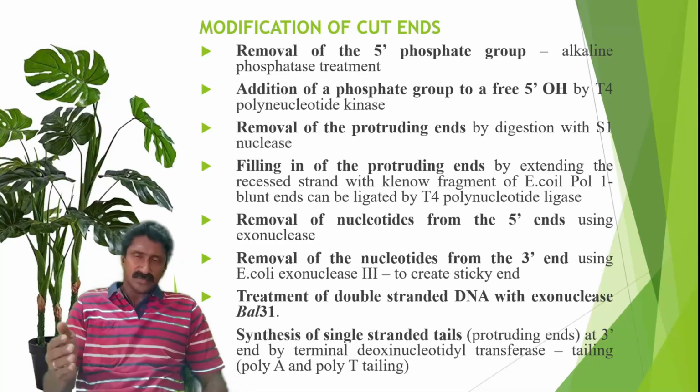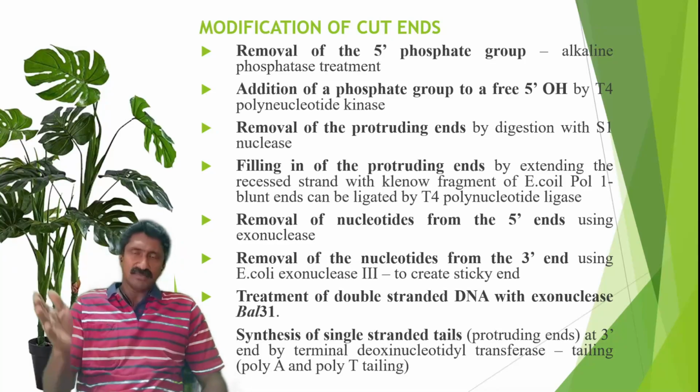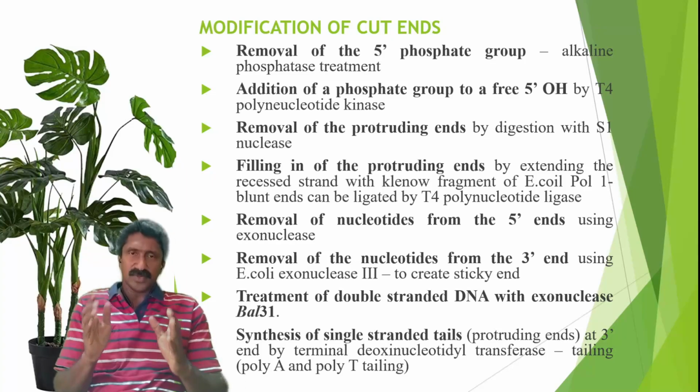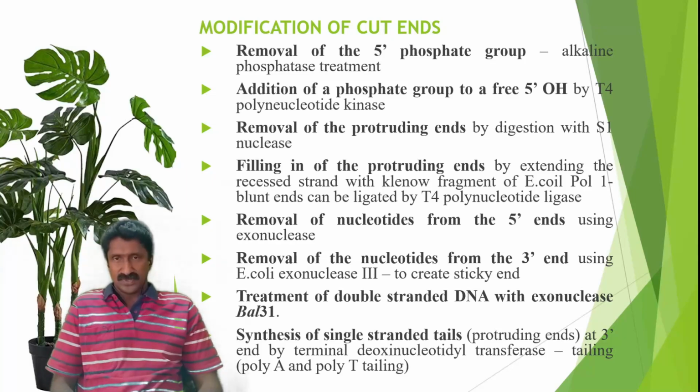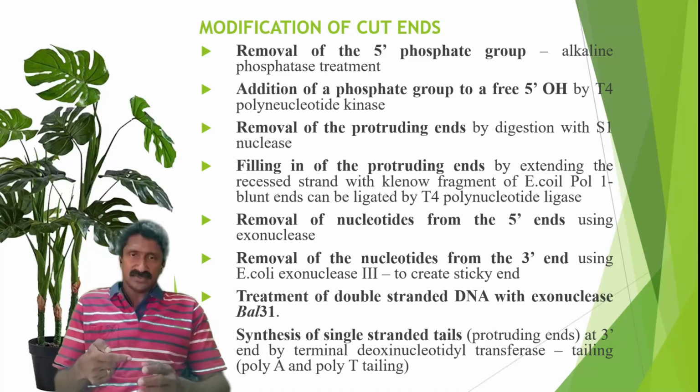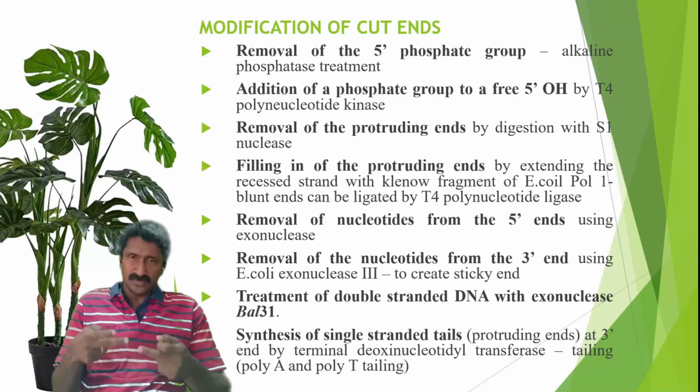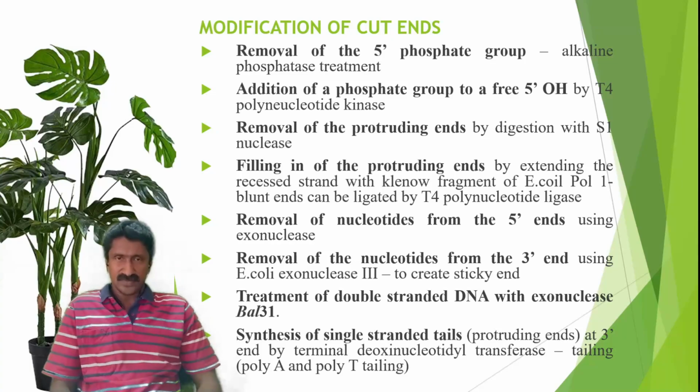For example, in one of the previous cases, using one of the enzymes, we created a 5' sticky end. That 5' sticky end is now available for further cloning and joining.